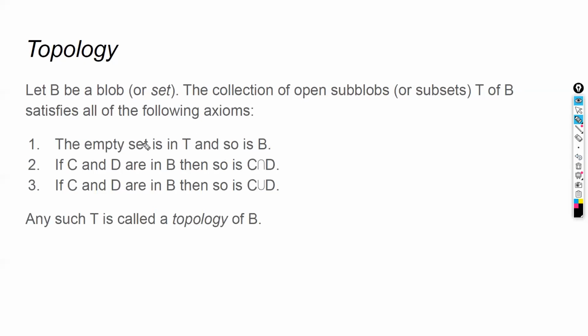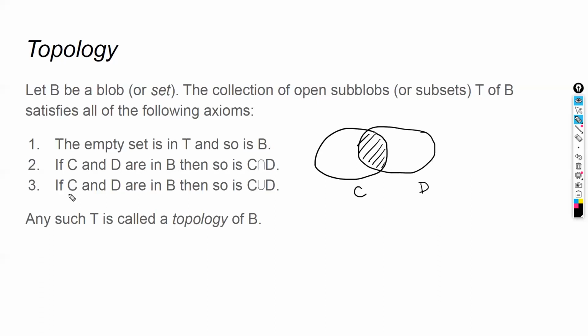Firstly, the empty set is in T, and so is B. So the empty set is going to be an open set, and so is the entirety of B. Secondly, if C and D are in T, then so is C intersect D. What this means is if I have a set C which is open, and another set D which is open, then their intersection is also considered open.